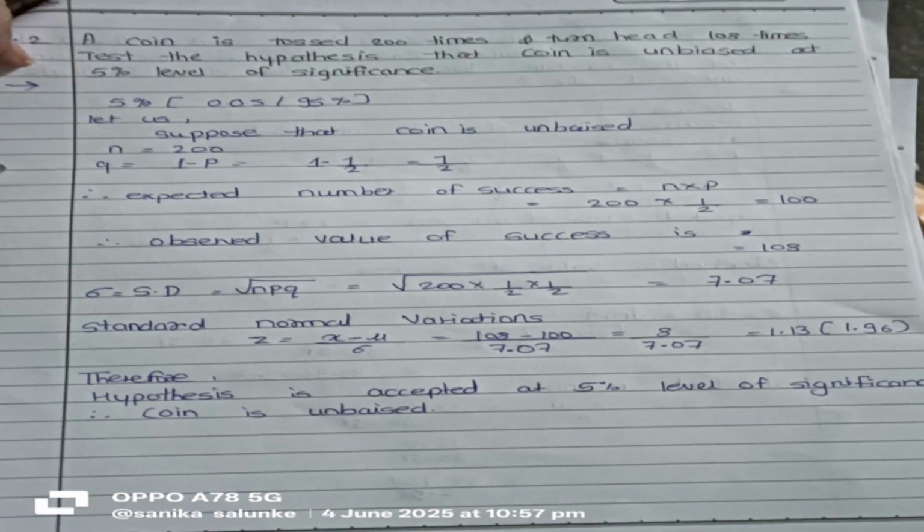The calculated Z statistic 1.13 falls within the acceptance region between minus 1.96 and 1.96, so it is less than the critical value. We fail to reject the null hypothesis at the 5% level of significance. This means there is not enough evidence to conclude that the coin is biased. It is considered unbiased.